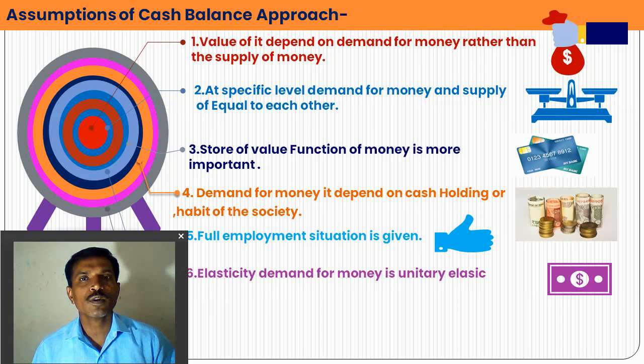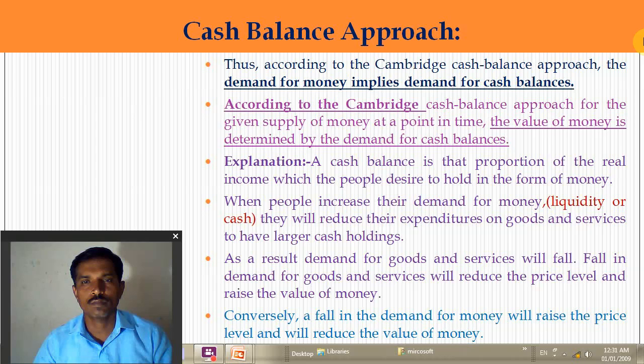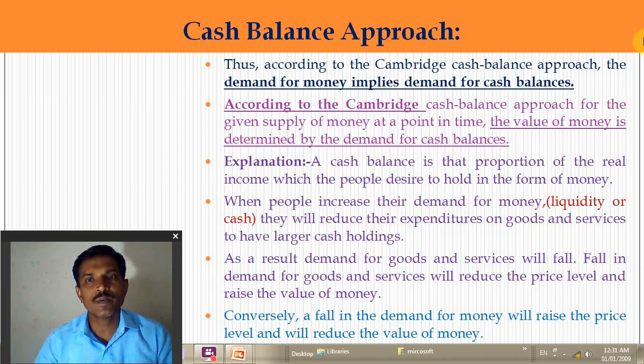The next point is the equation of the Cambridge economists. According to the Cambridge cash balance approach, the demand for money is implied for the cash balances.